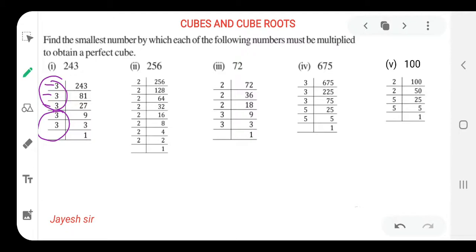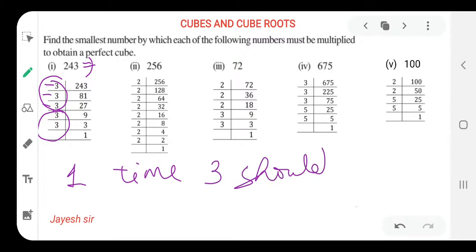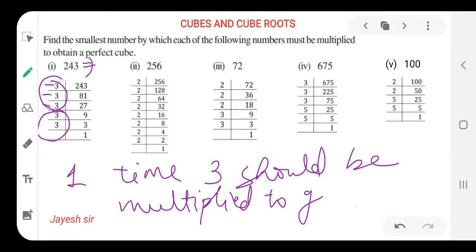So 1 time 3 should be multiplied to get a perfect cube, we can say.